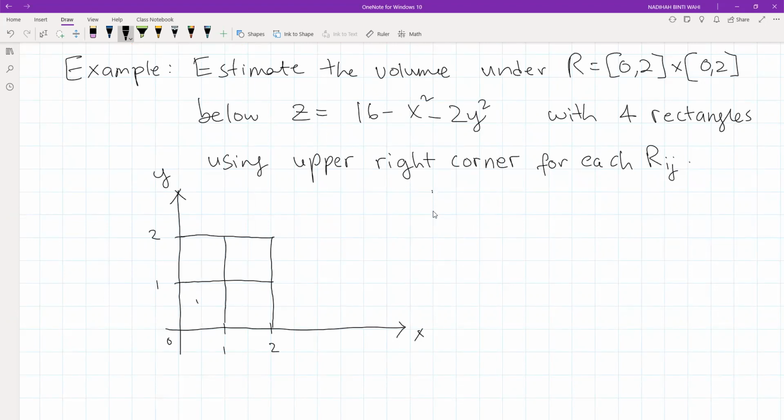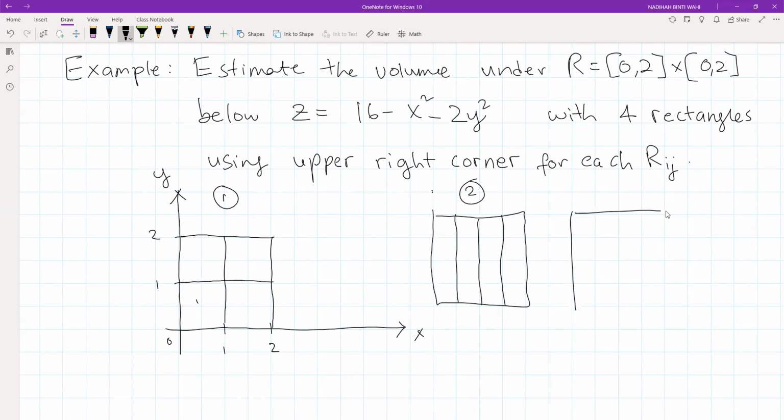Or another method, I can divide something like this. Okay, this is second method. This is the first, second, and then you can also put this division. Pun boleh. Sebab apa? Sebab dia tak specify what kind of rectangles. Dia cuma kata 4 rectangles sahaja.